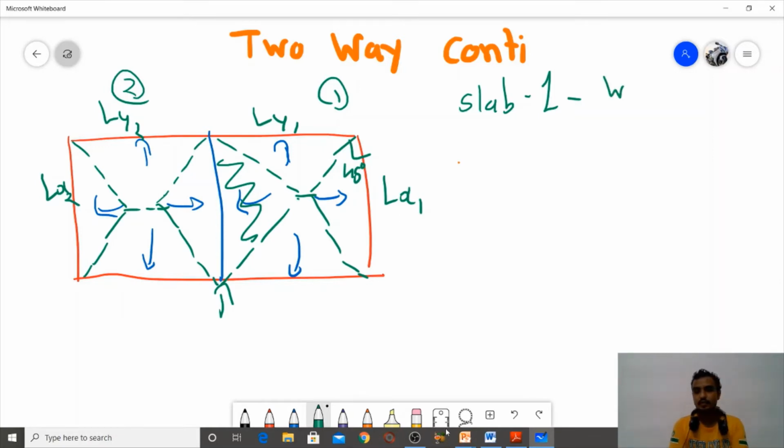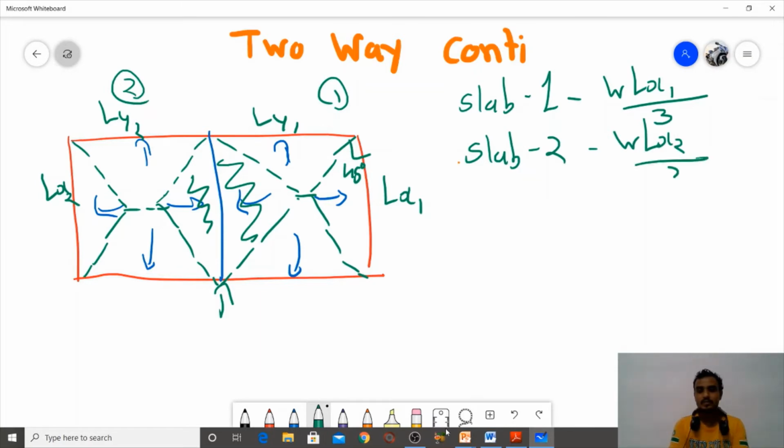So slab 1 load is w Lx1 by 3, and slab 2, triangle shape, w Lx2 by 3. These equations give the load which is transferred from the slab to beam in a triangle shape.